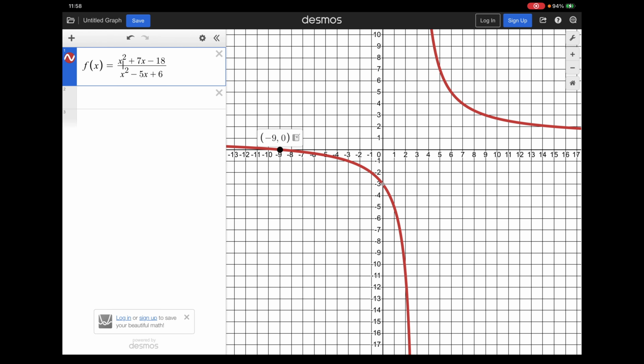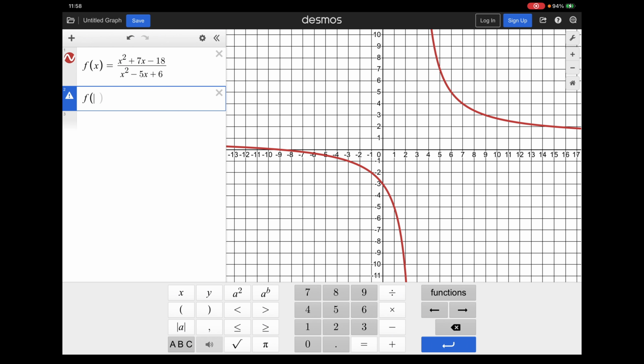But when we make the top equation equal to 0, it said that it should be crossing the x-axis at positive 2, and it doesn't. The other thing that's interesting is that when I evaluate this function at positive 2, notice that the function is undefined. That has to do with the fact that this positive 2 also makes the bottom value equal to 0, which is a big no-no with these rational functions.